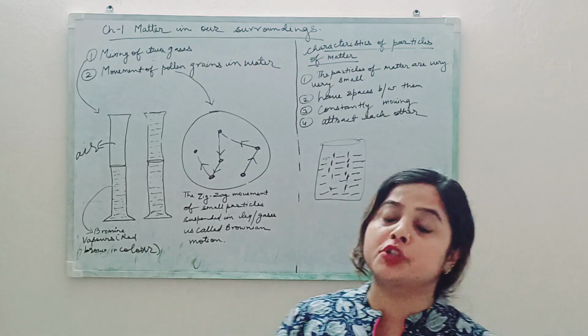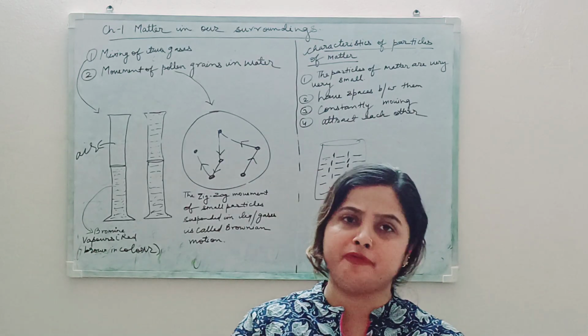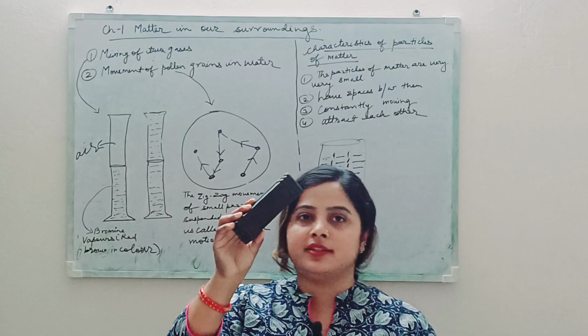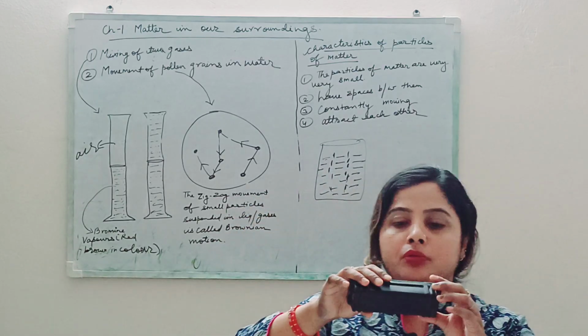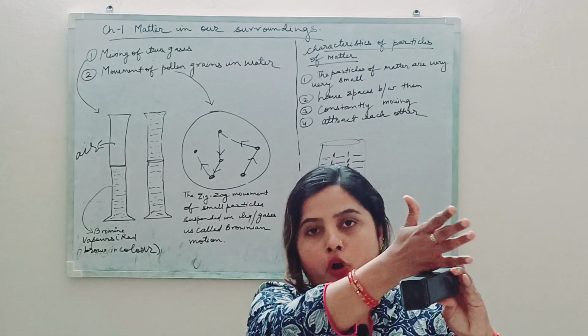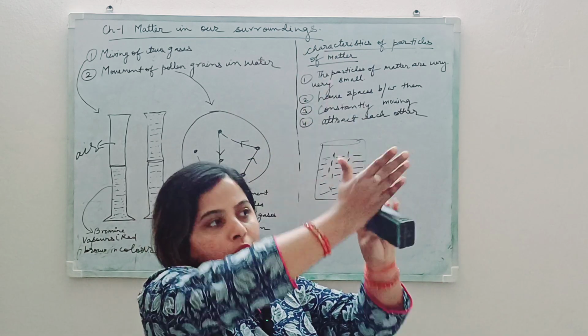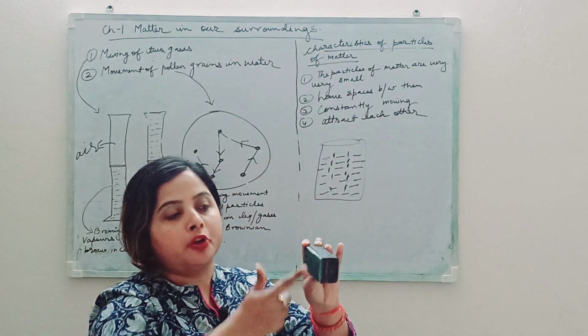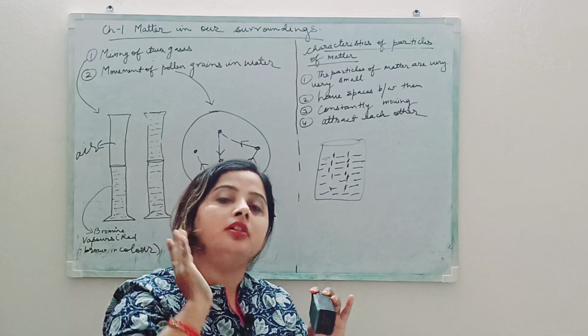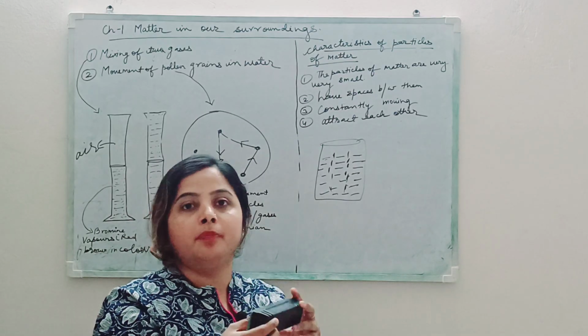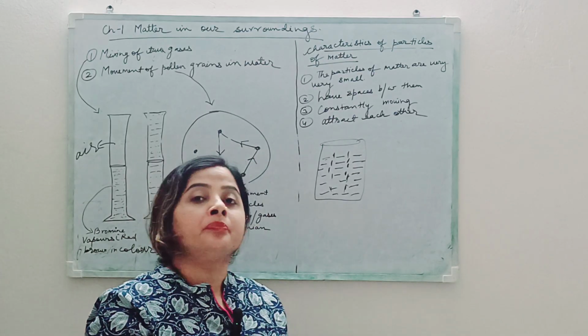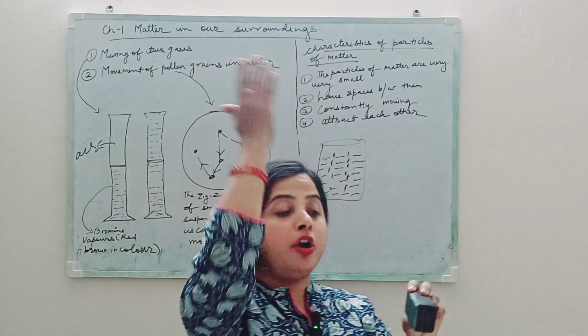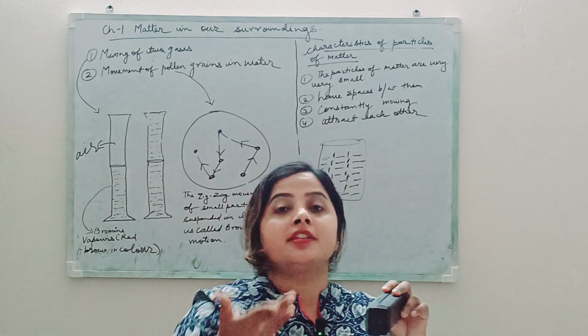Now there are two forces of attraction between particles of matter. If I talk about this duster, can you move your hand across this duster? If I try to move my hand across this duster, I will get hurt. Why am I not able to move my hand across it?